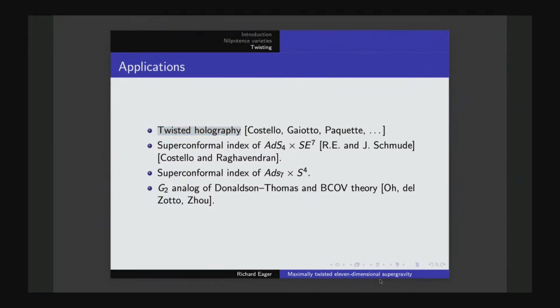And then very recently, there's work of Nikolay Bobev and collaborators, Malek, Robinson, Schmude, and Van Muiden, who derived the Kaluza-Klein spectroscopy for the Leigh-Strassler superconformal field theory, and the results actually match computations of the cyclic homology by Michael Vandenberg.